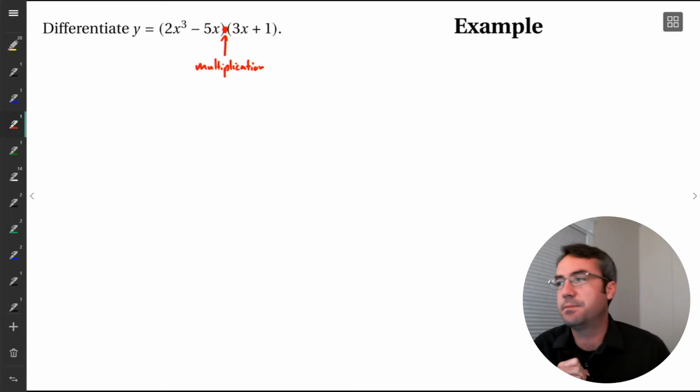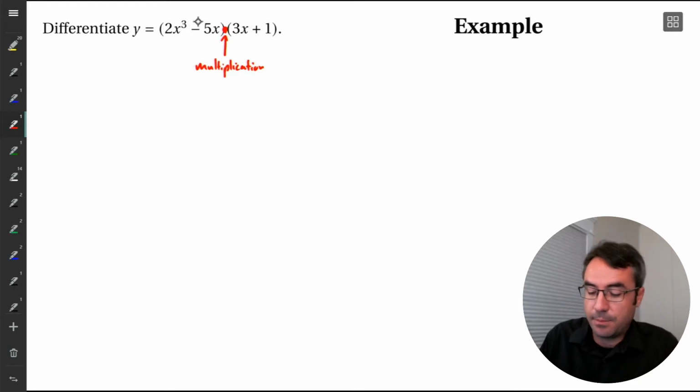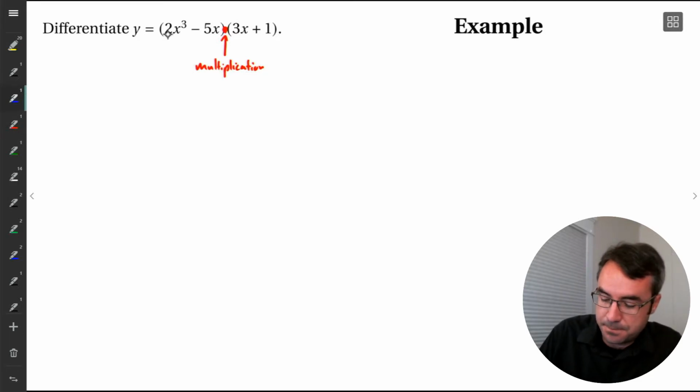Right in the middle there is some multiplication going on, so we actually need to use the product rule here. If we look on either side of this multiplication, there are x terms over here and x terms over here. So we have a product of variable terms.